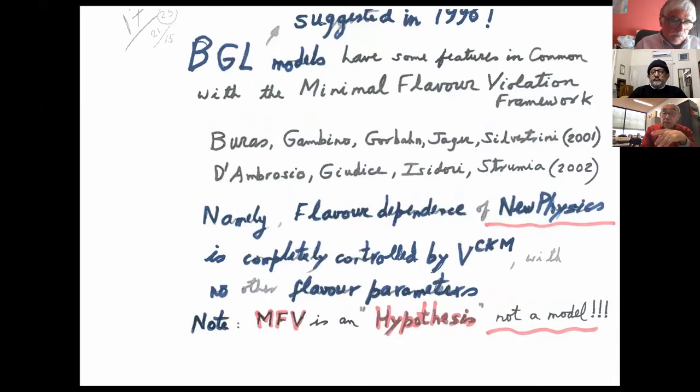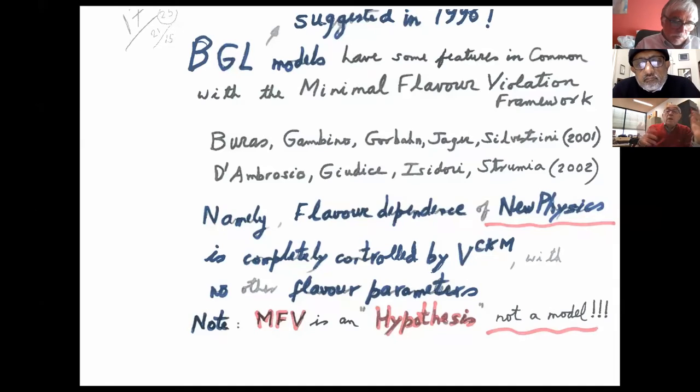This type of model was suggested in 1996, a long time ago, and it has some of the features of something that appeared much later, which those of you who do particle physics are familiar with: minimal flavor violation. This concept was introduced independently by Buras, Gambino, and collaborators, D'Ambrosio, Giudice, Isidori, and Strumia.